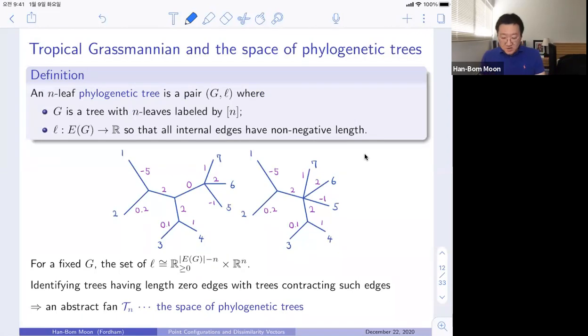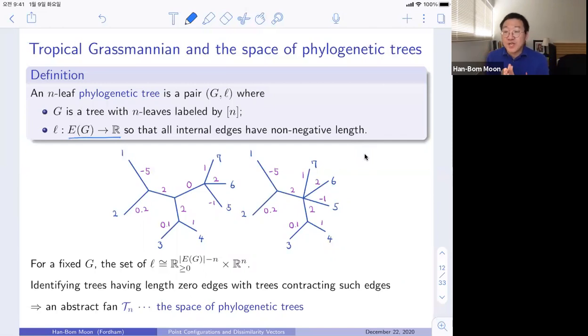To fill the difference, here is our definition of a phylogenetic tree. An n-leaf phylogenetic tree is a pair (G, L), where G is a tree with n leaves, and L is the edge length function.